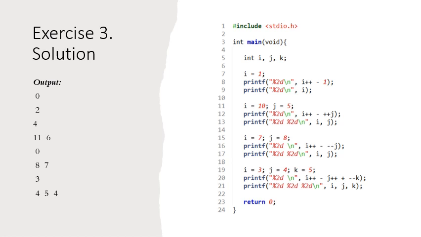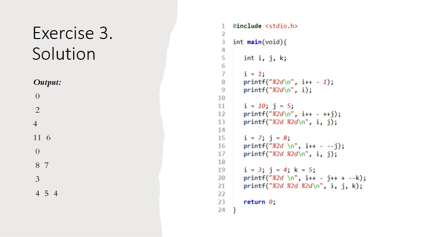Okay, so what now for line 11, assuming we have I equals 10 and J is equal to 5. We would like to evaluate the expression I++ minus plus plus J. The result of the I++ here will be unmodified, so we still have 10 minus plus plus J, but for the plus plus J, the value of J will already be modified.